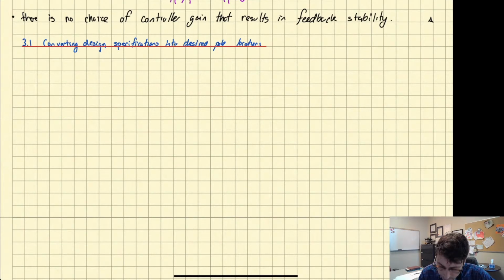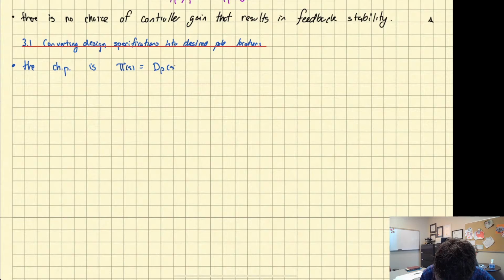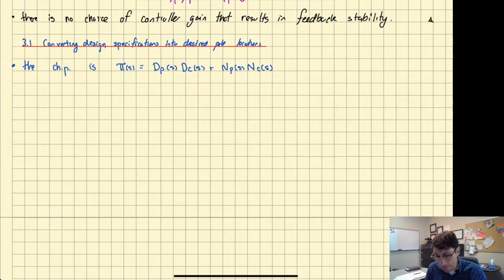Okay, so we're talking about a unity feedback system. And so the characteristic polynomial is the denominator of the plant times the denominator of the controller, plus the numerator of the plant times the numerator of the controller. Okay?